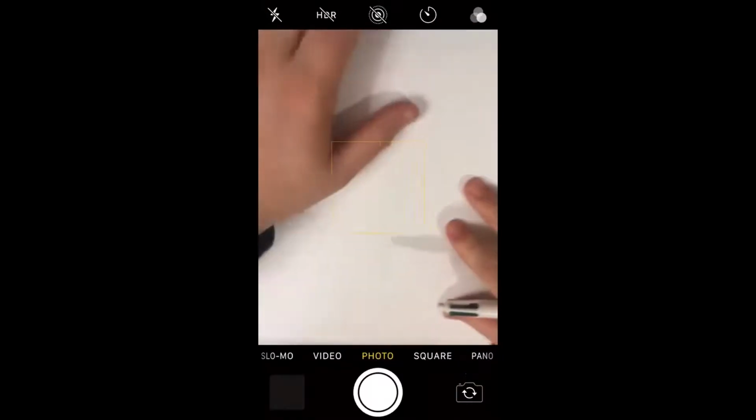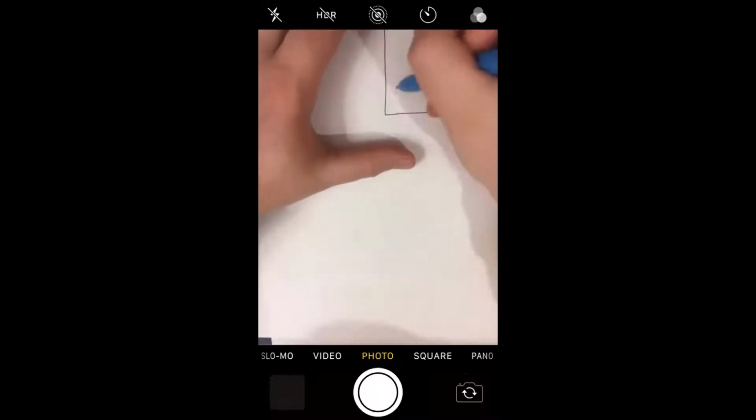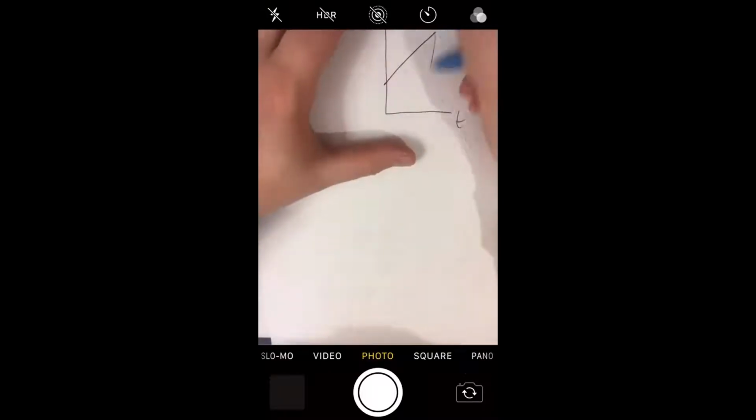If I've got a velocity time graph here, the area under this velocity time graph is the distance traveled, and it is the displacement. So as you said, it's also the displacement.